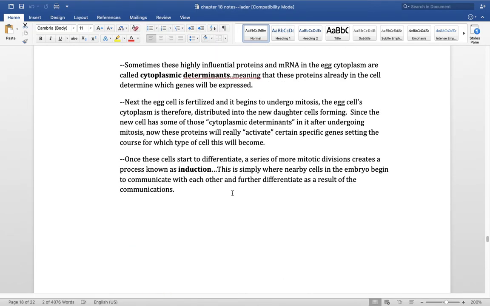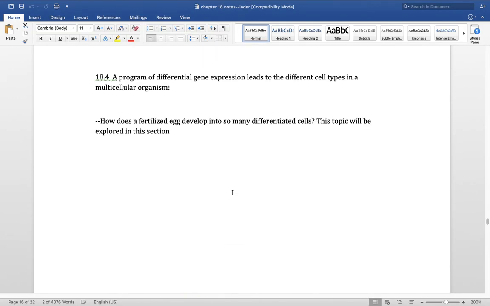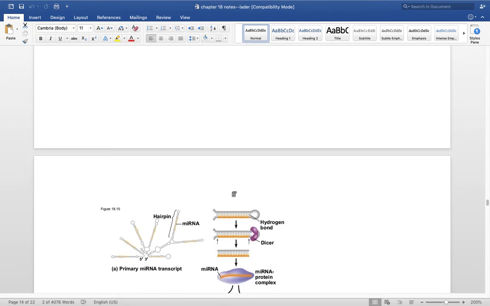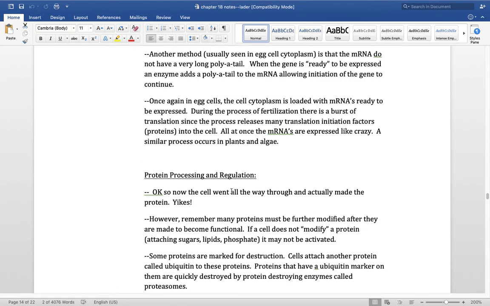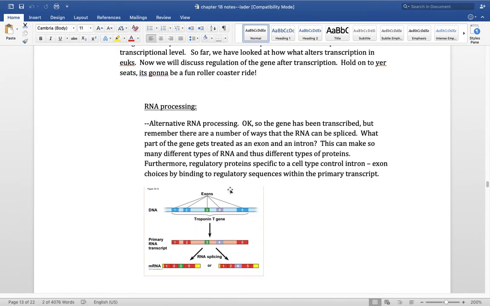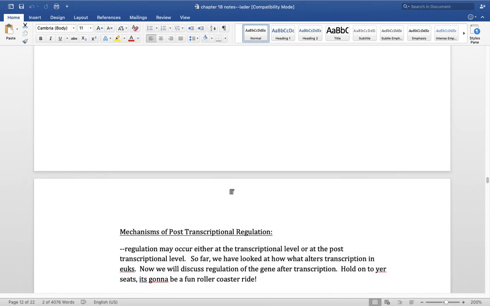So in this section of the chapter, we went through more ideas of what regulates transcription and translation in eukaryotic cells. And we talked about how I can regulate it at the transcriptional level, that is blocking transcription, not the right transcription factors there.